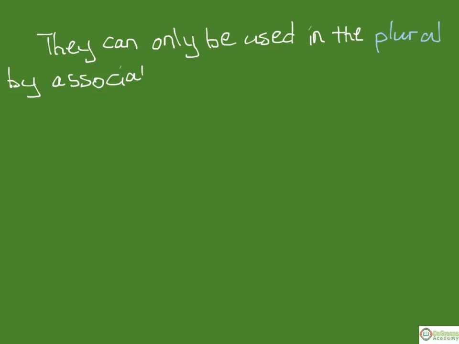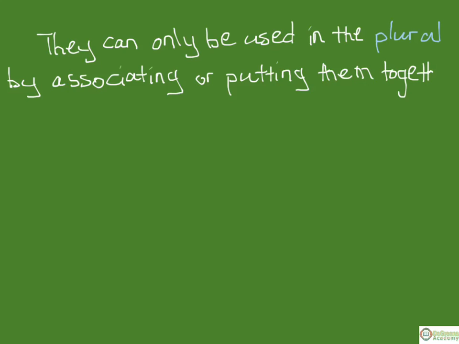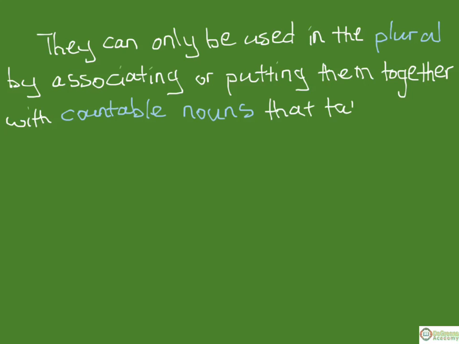And so, what is going to happen to all these nouns that we've seen? Okay, how can they be used? These nouns that we've just seen, we have shyness, knowledge, freedom, honesty, rice, bread. They can only be used in the plural by associating or putting them together with countable nouns that take the plural form.